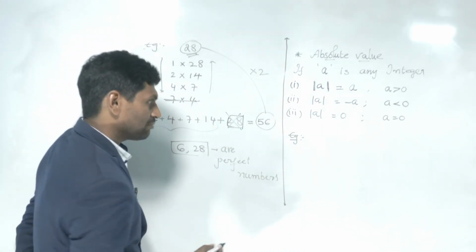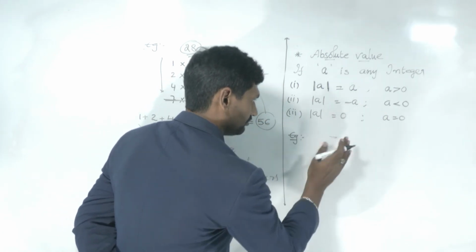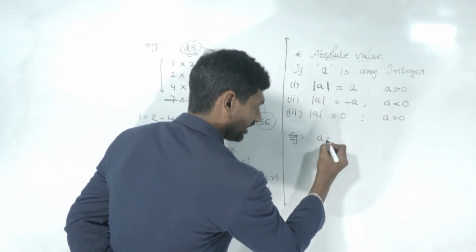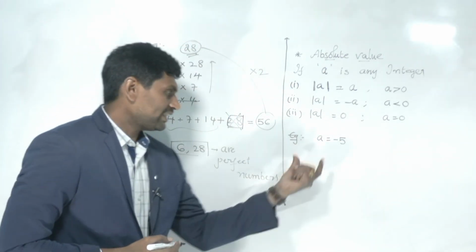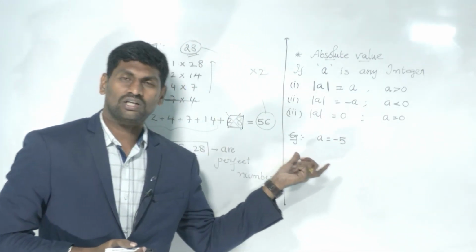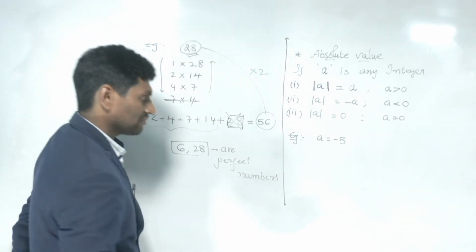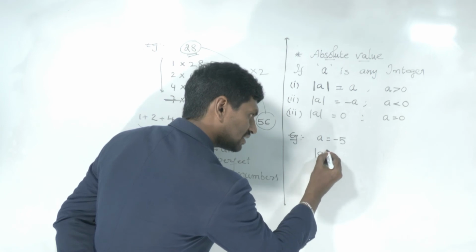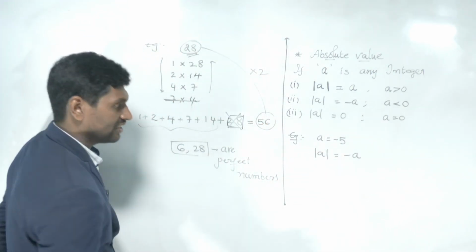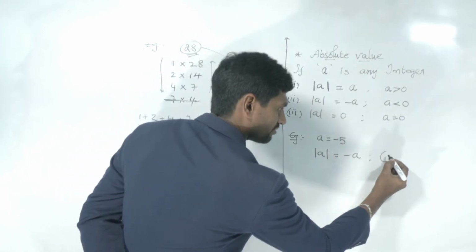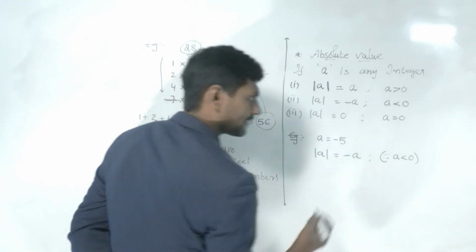Let us see one example. For example, I am taking a value of minus 5. Is minus 5 greater than 0, less than 0, or equal to 0? Less than 0. What is the condition for less than 0? Modulus of a becomes minus a, where a is less than 0.